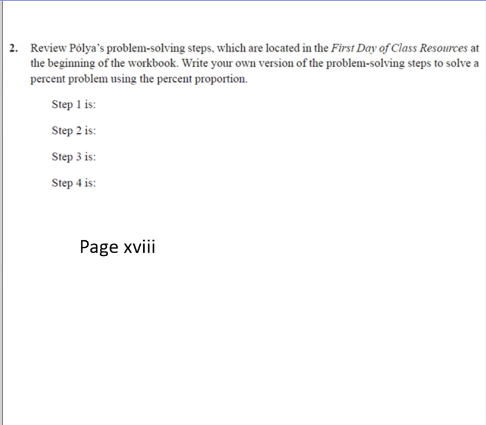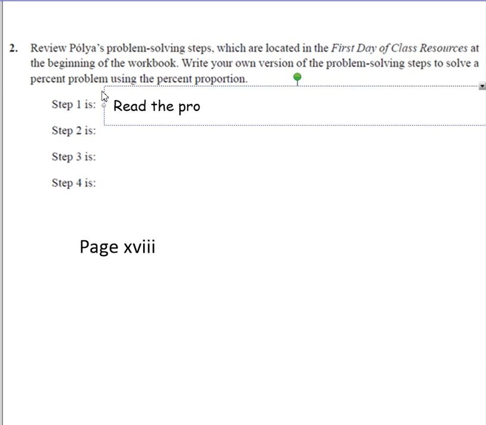At the beginning of the workbook, there are some steps that can be taken when looking at any sort of problem, and so let's just mention those here. For step 1, you're going to read the problem. And I like to read the problem one time just to get the overall idea, and then start reading it slowly, dissecting it apart and seeing what I need to do for it.